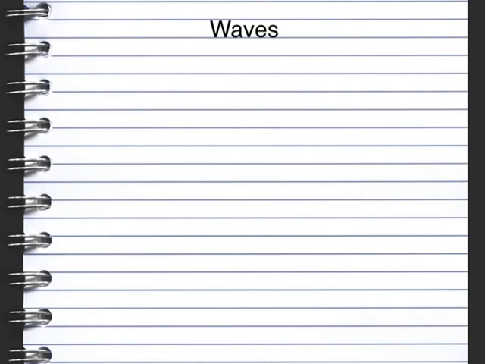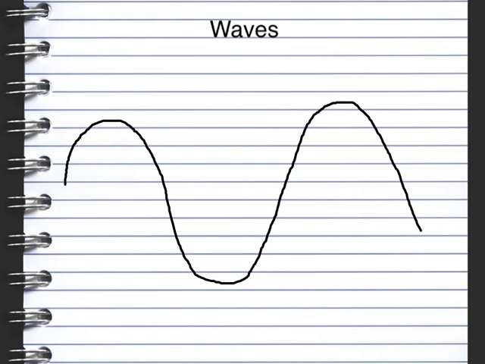Okay, so with a wave, you may have been used to seeing a wave that has this particular shape in one of the previous topics. Now if we put a line through the middle there, there are several things that we can show on here.